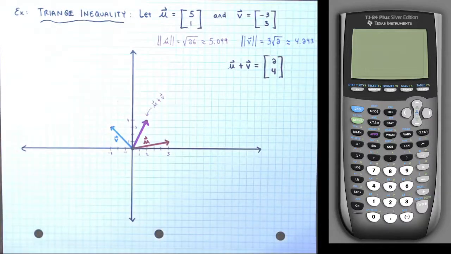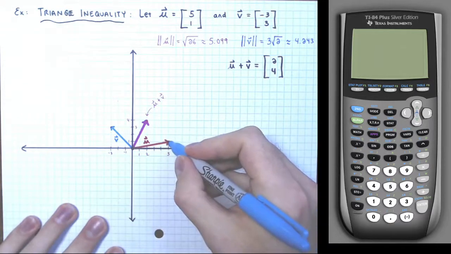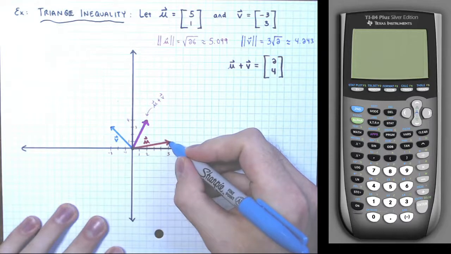Now you might be thinking, where's the triangle in all this? It's called the triangle inequality. Well, if I actually drew u plus v, here's vector u, and then I'll draw vector v again, but instead of starting at the origin, I add it on to vector u.